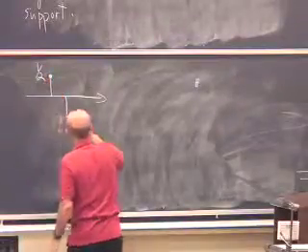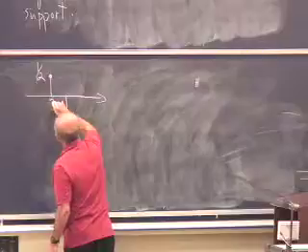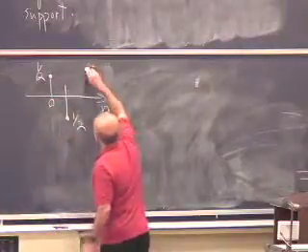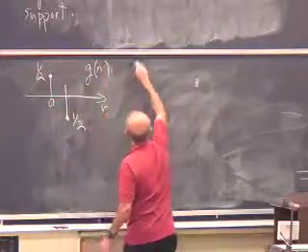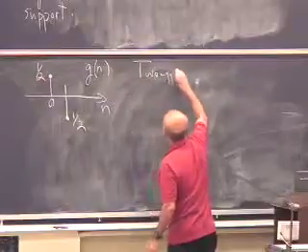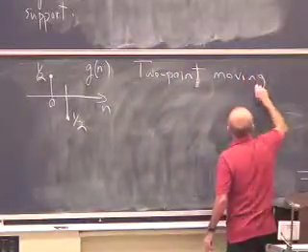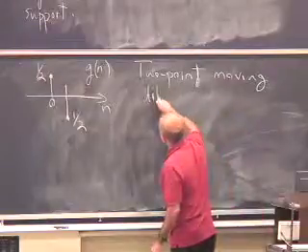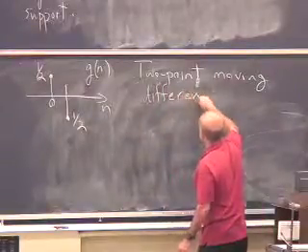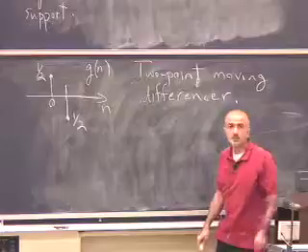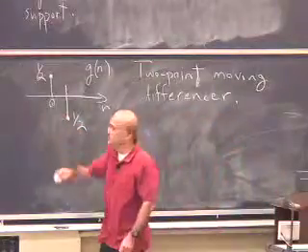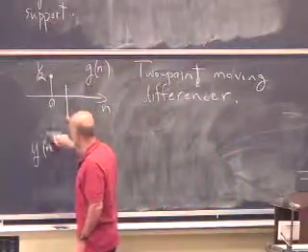1/2, negative 1/2. Call it G, the 2-point moving differencer. Now that you've gone through the first filter, can you tell me what the output is in terms of the input?